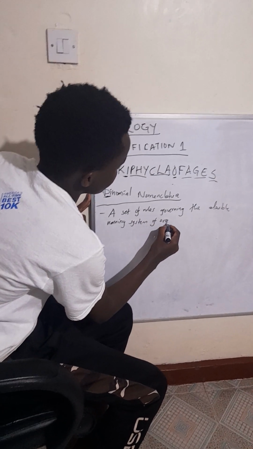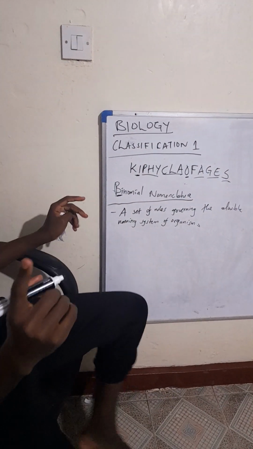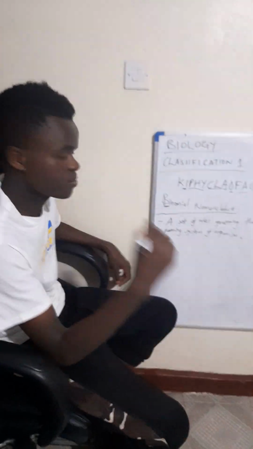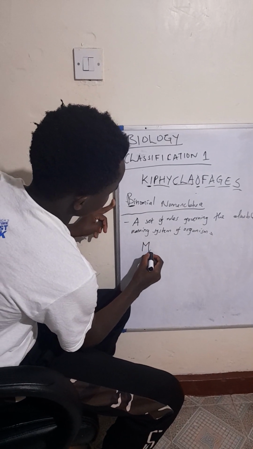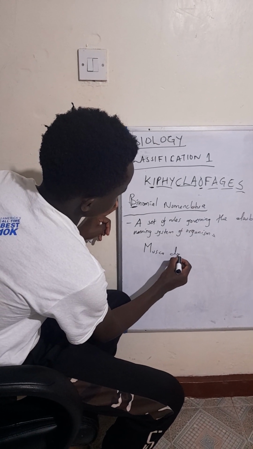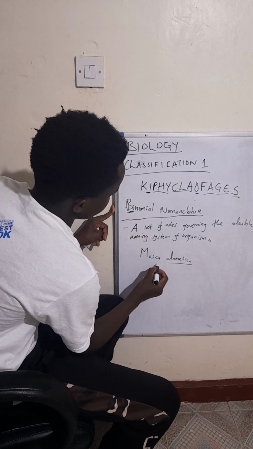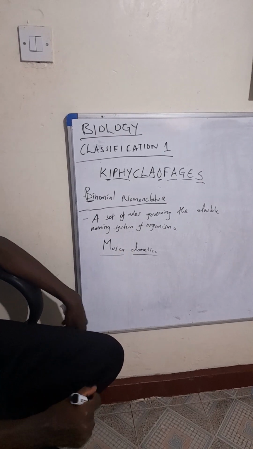I'm going to take an example of the housefly. The scientific name for housefly is Musca domestica.